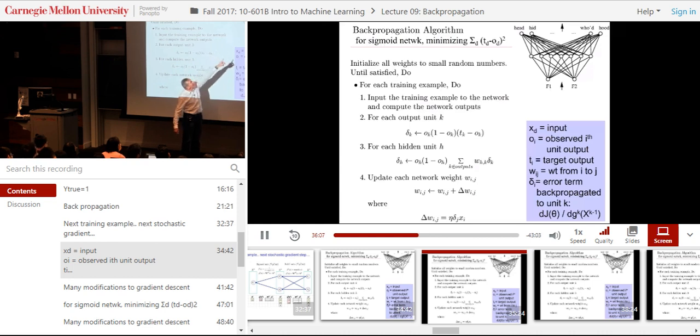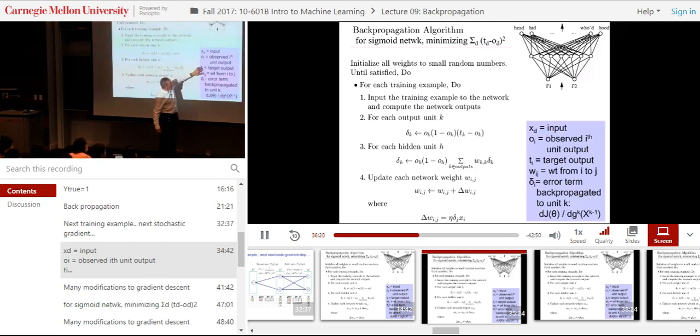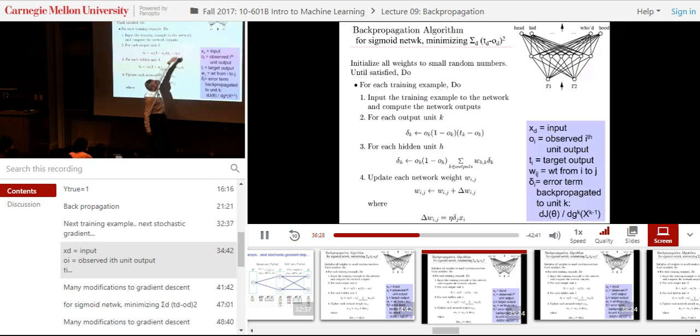We have a number of them, and so for the ith output, t sub i is the target output and o sub i is what the network produces at the ith output. And when I use the d, I mean the whole vector of these for all the i's.